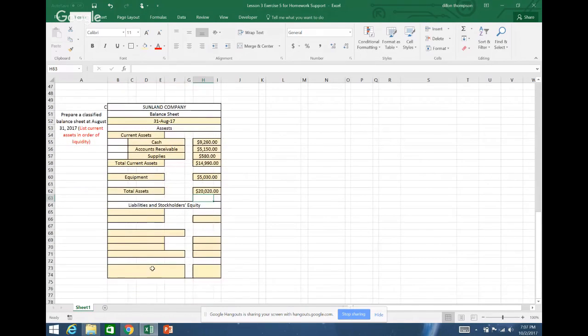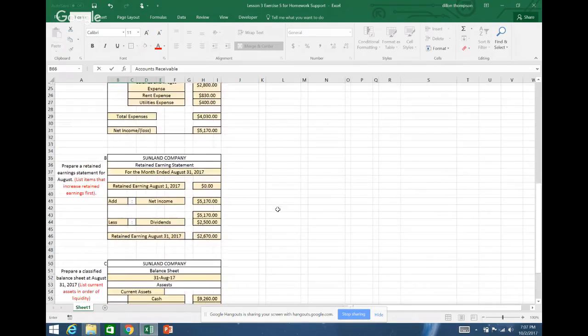Our next part of the balance sheet is liabilities and stockholders' equity, which is split up into two portions, which is liabilities, of course, which would be current liabilities, because this is a classified balance sheet, and split it up into the different classified operations. And in this problem, the only current liability is accounts payable, sorry, not accounts receivable.